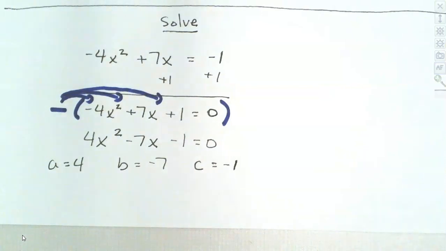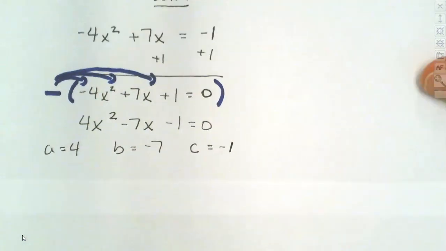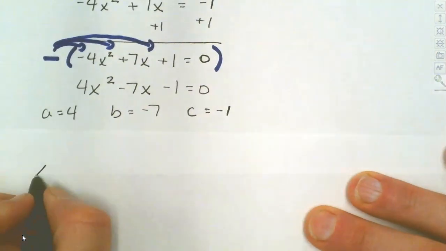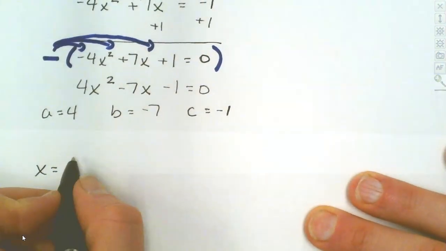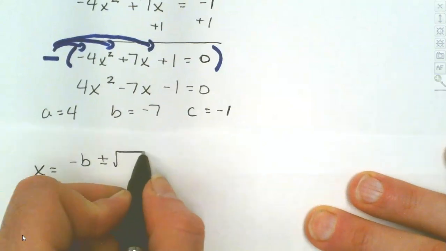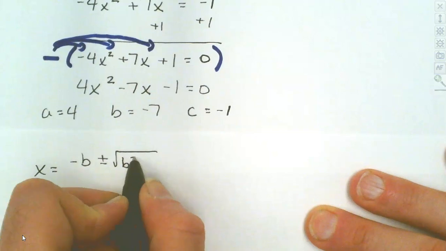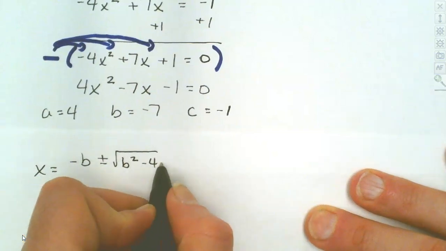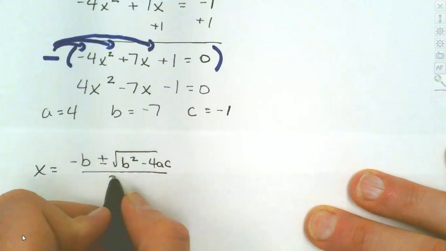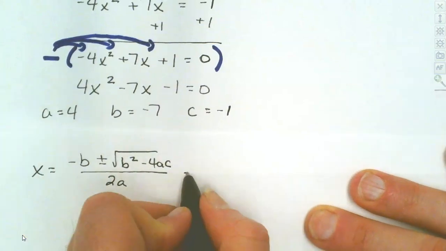Apply your quadratic formula, which is x equals minus b plus or minus the square root of b squared minus 4ac all over 2a, and plugging in our values.